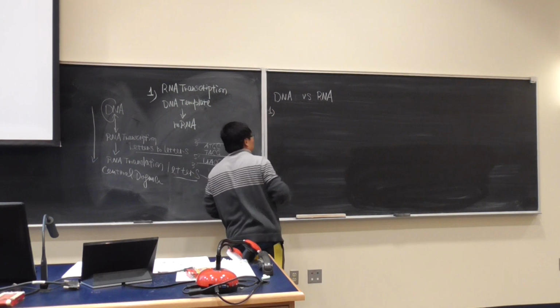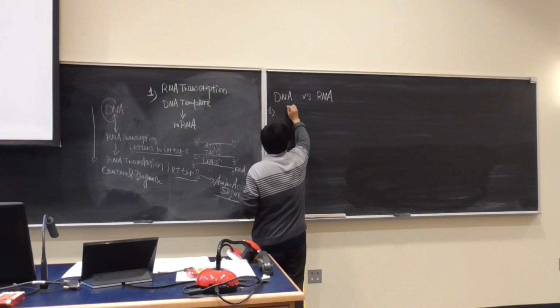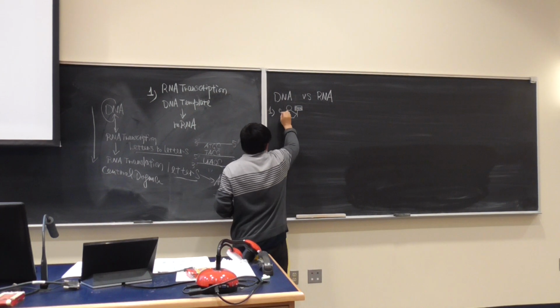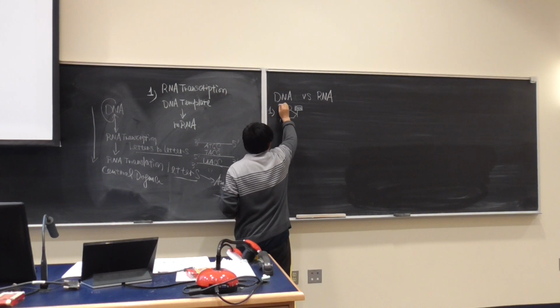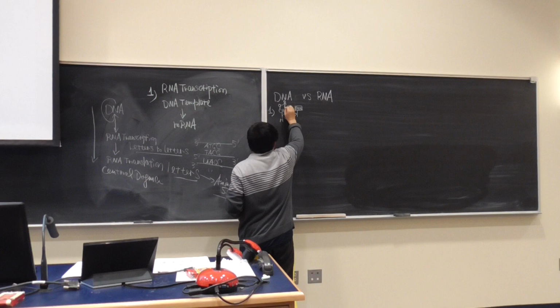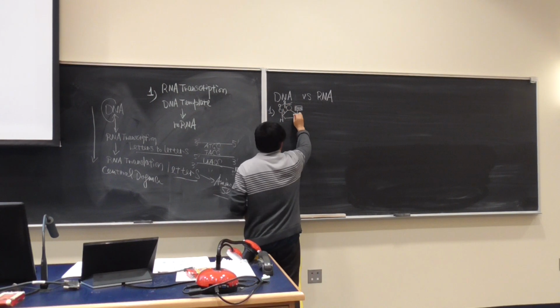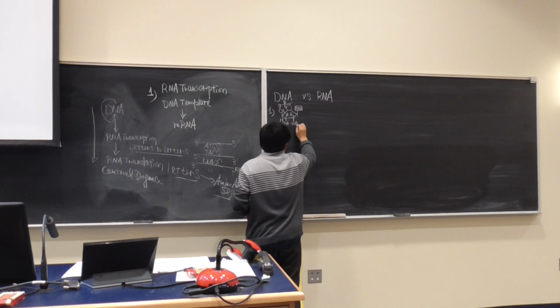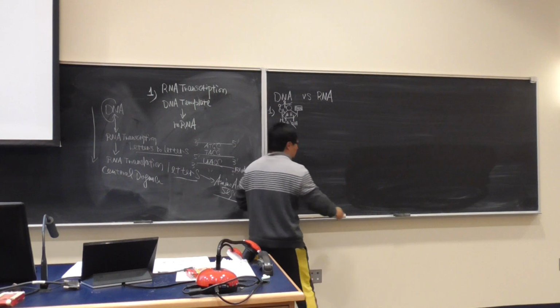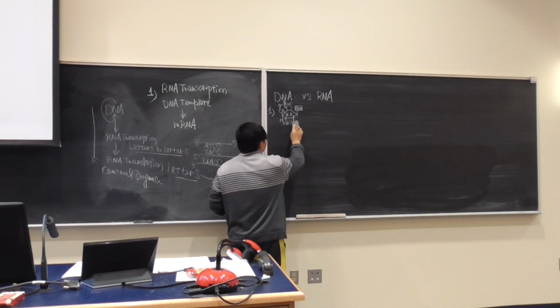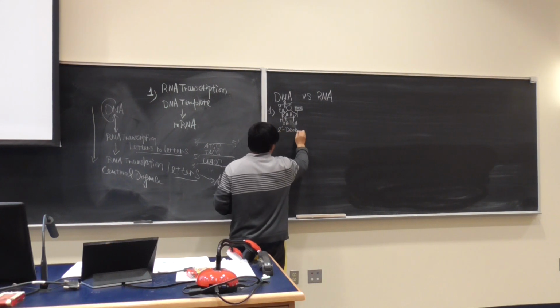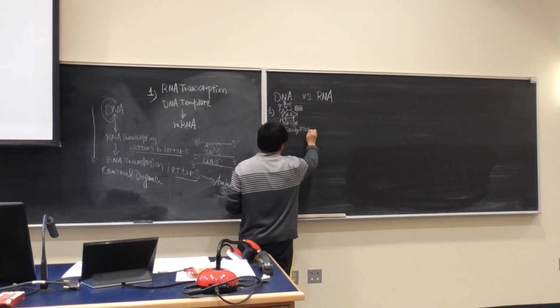First of all, DNA, if we go back to see the structure: base, phosphate, H, OH. This is gone, is that right? So that is 2' deoxyribose.